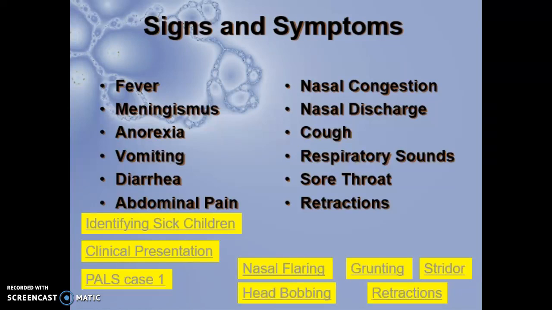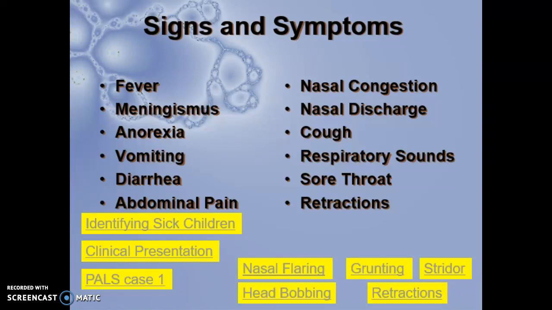Other respiratory sounds include stridor, so that high-pitched musical sound, sore throat, and retractions. So there is a good handout in your packet on all the areas of retractions.